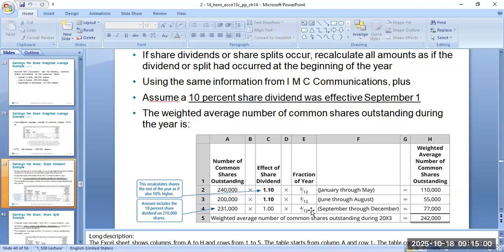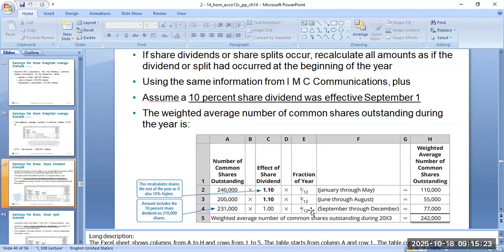But the problem is that the previous number of shares, up to the point of the declaration of the share dividend, do not include the 10% stock dividend. So for that reason, we have to bring in the stock dividend and recalculate as if it happened from the beginning of the year. That's one way to do it.